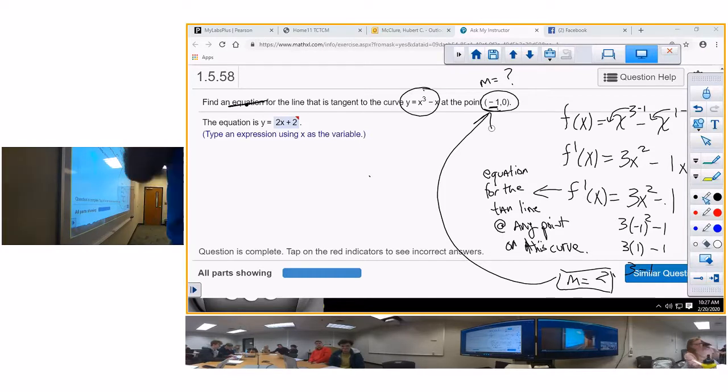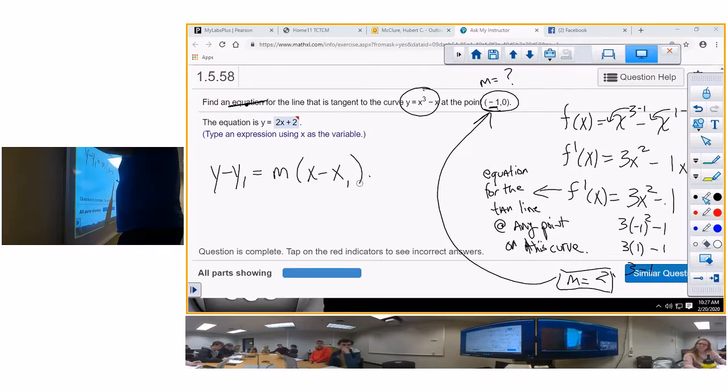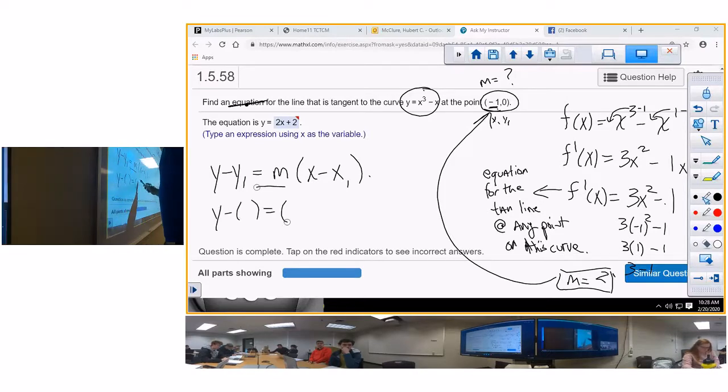Now you take your algebra, regressing back to algebra, y minus y sub 1 is equal to m times x minus x sub 1, which they really did not do a good job in telling you to do. Okay, so here's your x sub 1, and here's your y sub 1. So y minus parentheses equals parentheses times x minus parentheses.